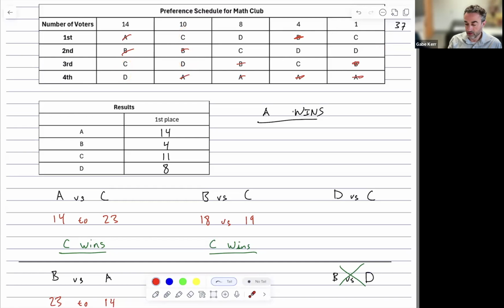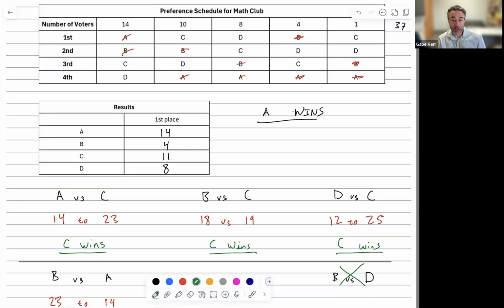Pardon me, C wins here, here, and actually that last one. So C is doing pretty well there. So we have 14 plus 10, that's 24, plus 1 is 25. So C wins 25 votes, D wins the remaining 12 votes. And so it's clear here that C is winning. Great.